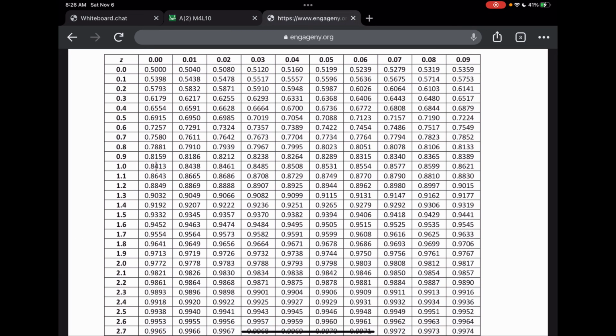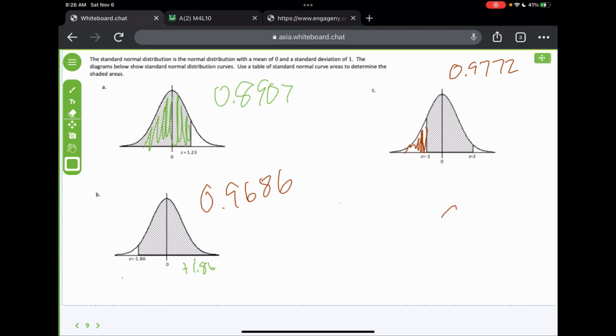It is 0.8413. Now, if I take that and subtract that from 1, that will give me all the values to the left of -1, because this is -1.